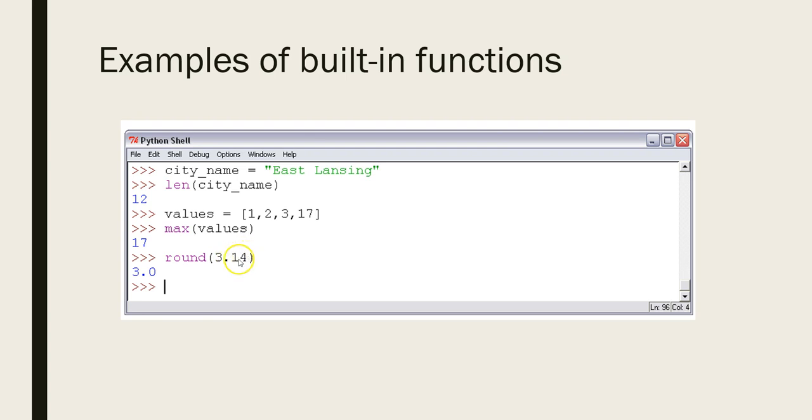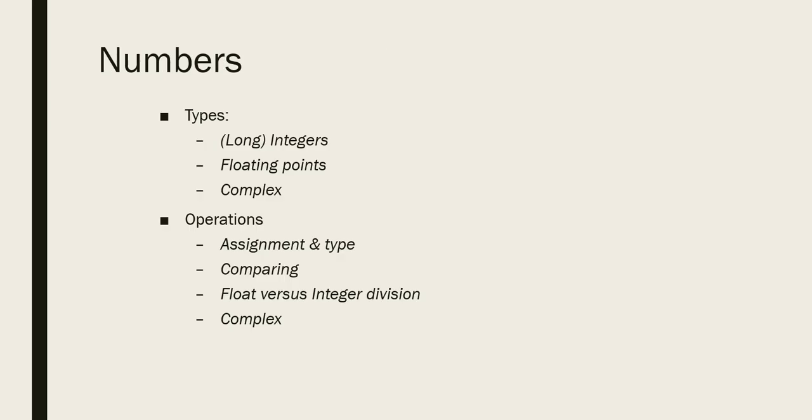In this case, by default, it's going to round to the nearest integer, but you can specify how many digits you want as well. Print is another function that is very useful, and you're going to use it over and over again. Example in a moment.